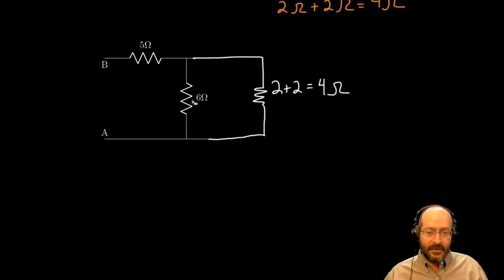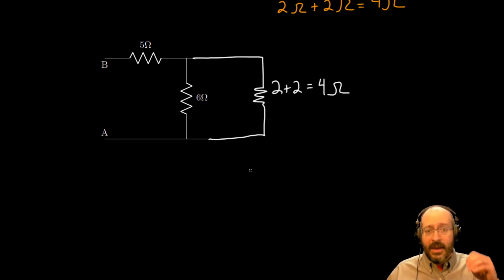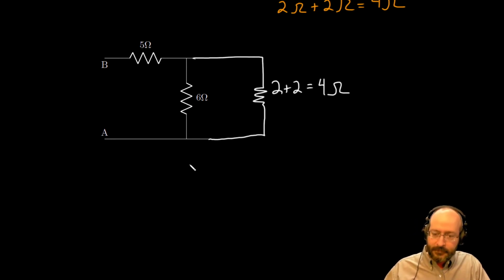Hopefully by now you're looking at the 6 and the 4 and you say, okay, they're connected here and they're connected down here. There's nothing in between them, so they are connected to the same two nodes. Because they're connected to the same two nodes, they're electrically in parallel. All right, so 6, we got white now.